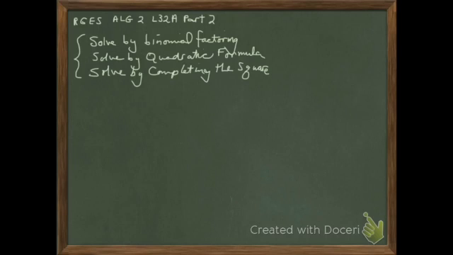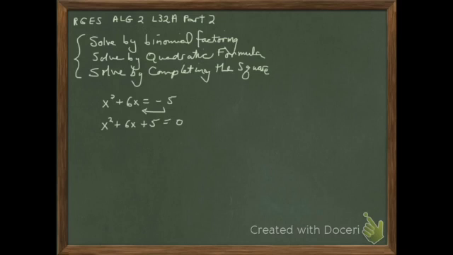So what if you had something like x squared plus 6x equals negative 5? I know, just by thinking about it, if I did this, I would go x squared plus 6x plus 5 equals 0.